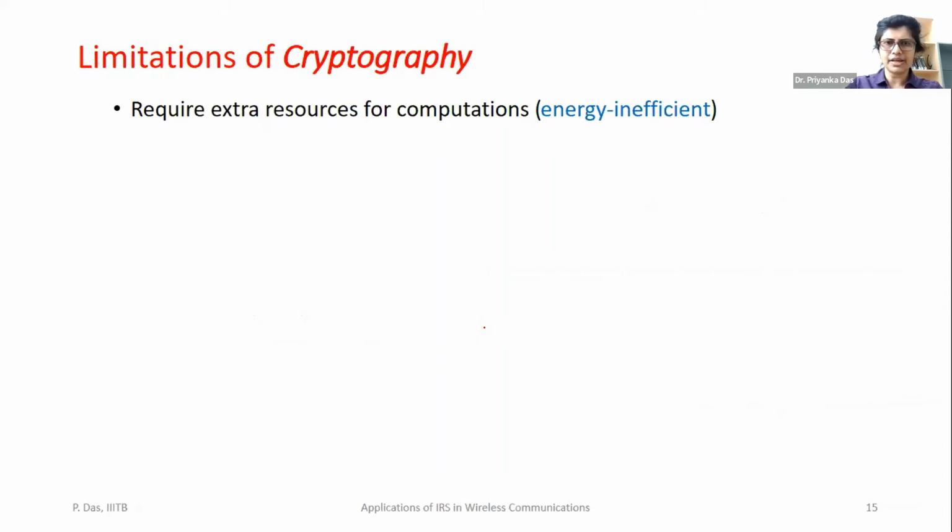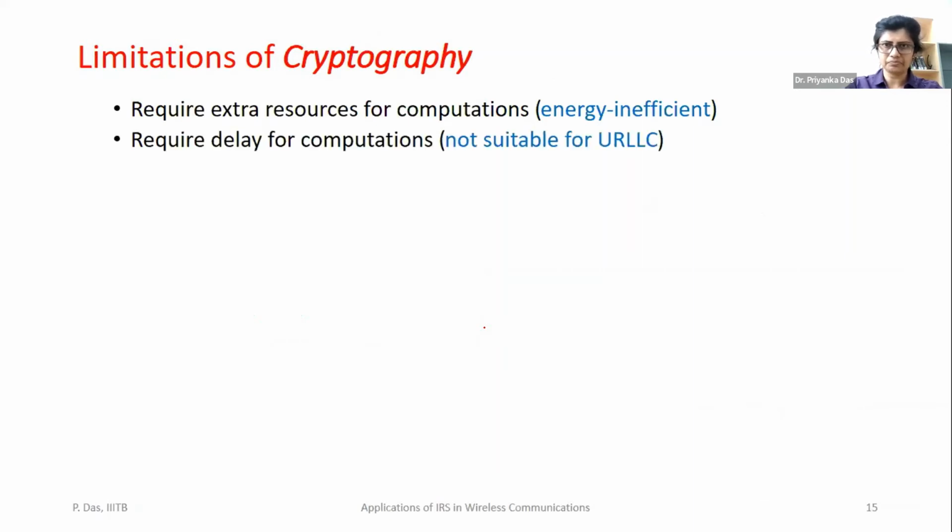For this, it has to be computationally extensive and energy inefficient. You need high computing power. It also requires delay for computations. Of course, when we talk about ultra-reliable, low latency communication, delay on the order of nanoseconds is very crucial.